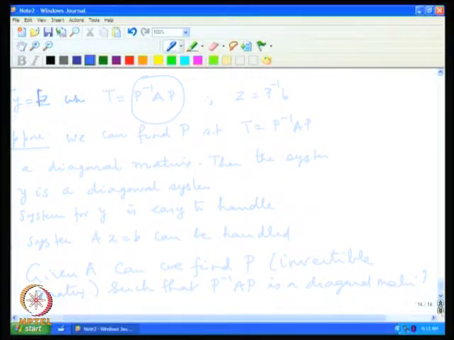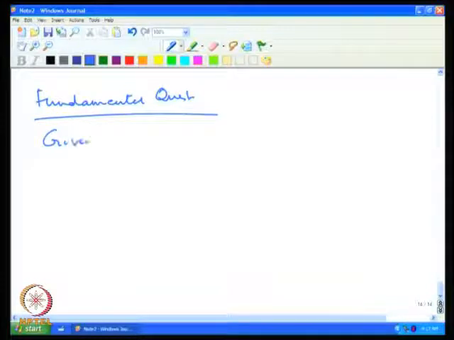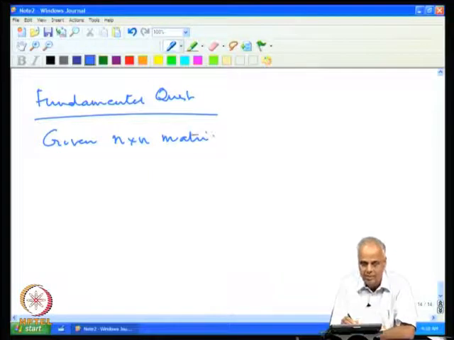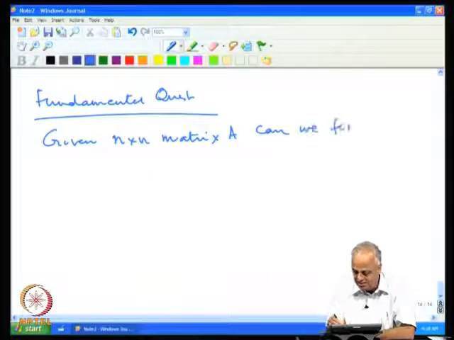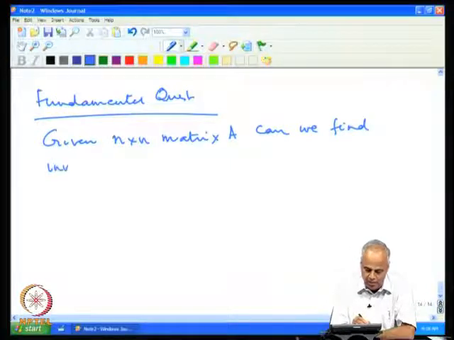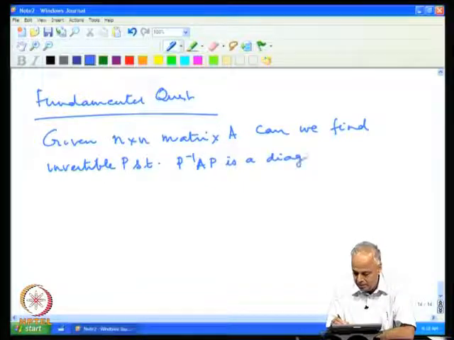If it does, the fundamental question therefore is, given an n by n matrix A, can we find an invertible P such that P inverse A P is a diagonal matrix?